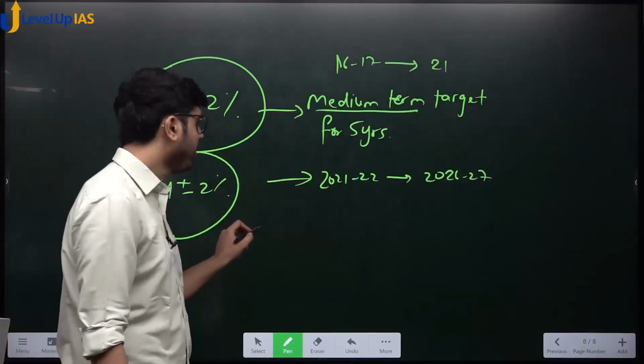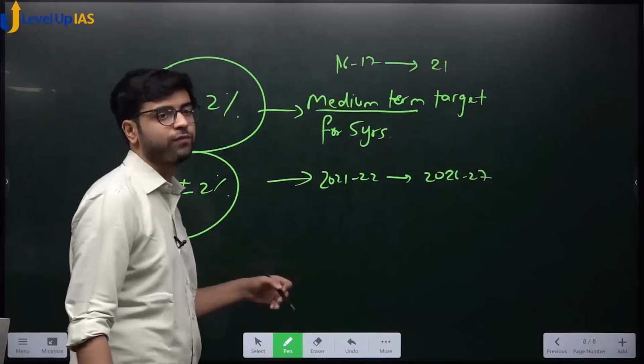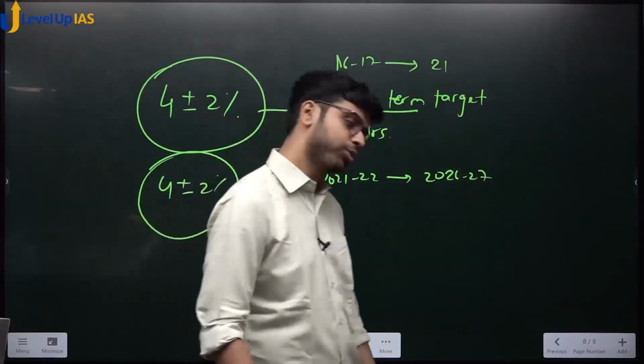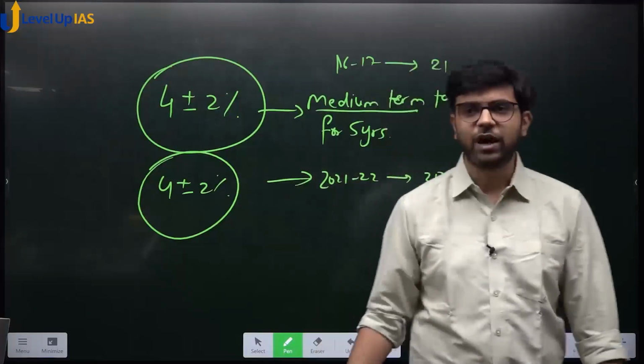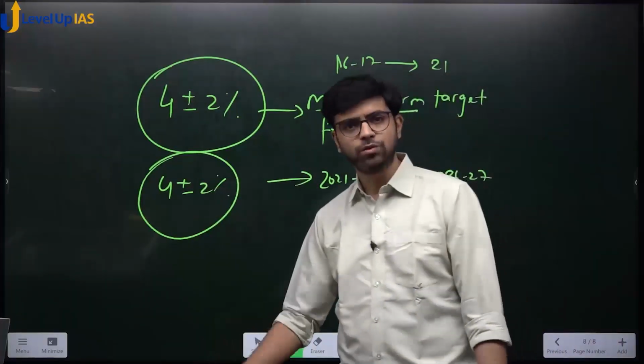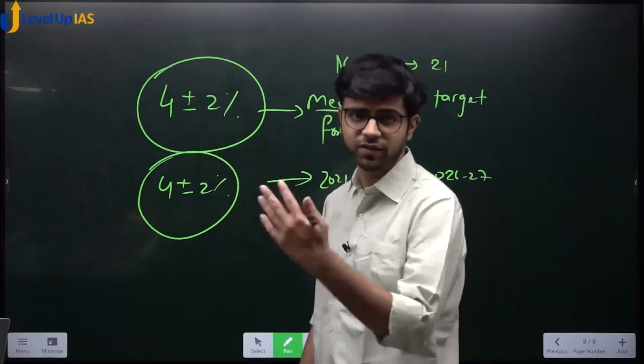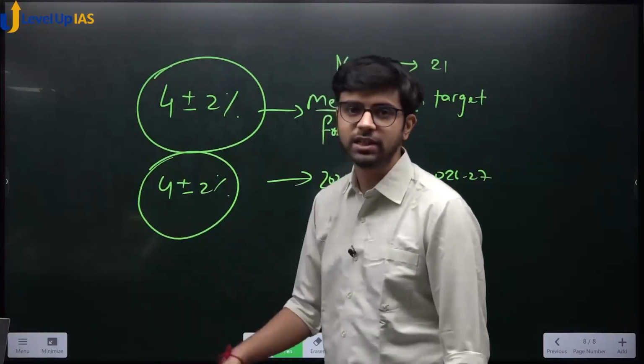If it does not control inflation for 1 quarter, 3 months, it is okay. 2 quarters, it is still fine, because RBI might take some time to bring down the inflation rates if they are very high.